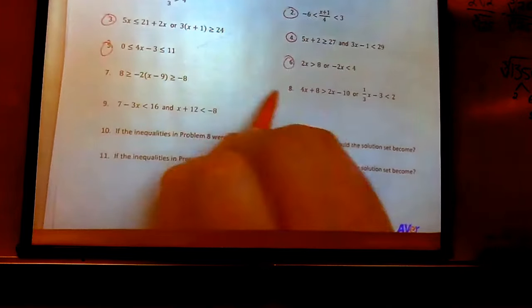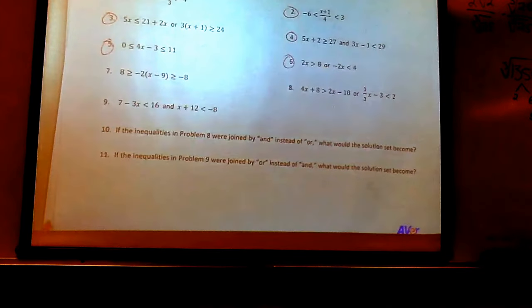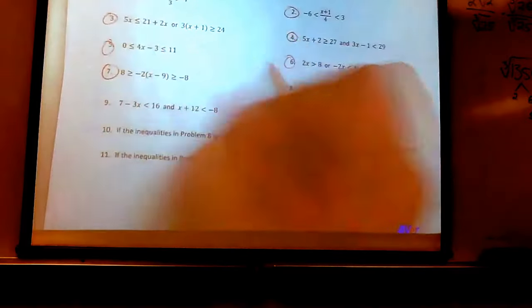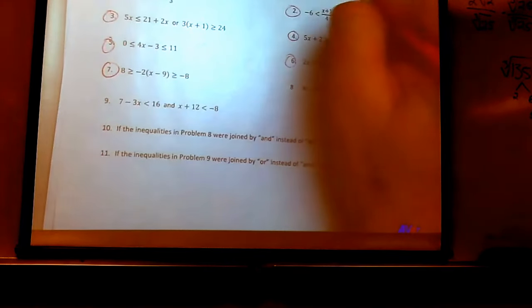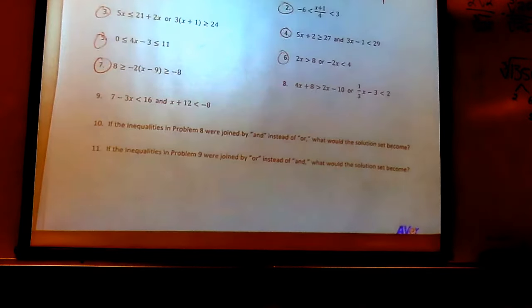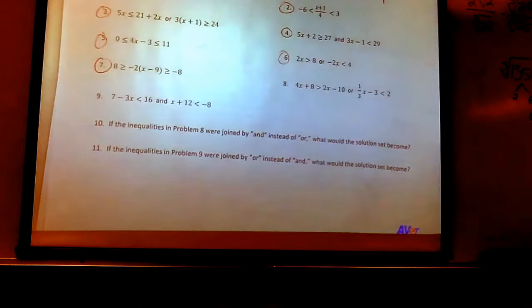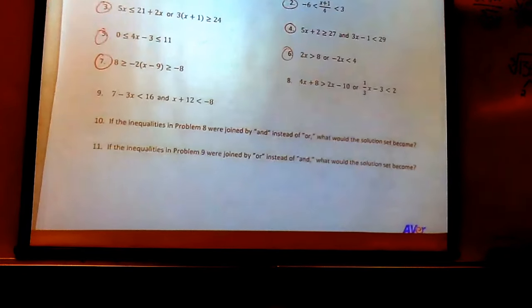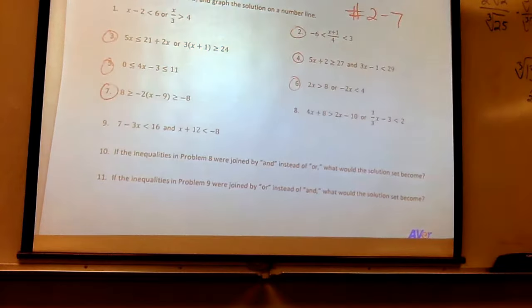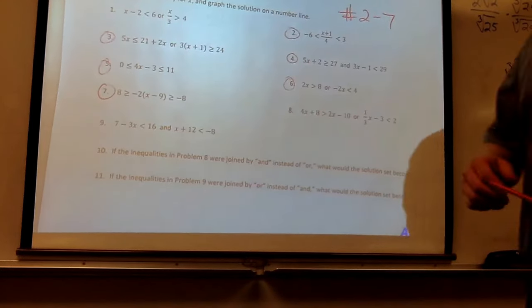If you do 10, you have to do number 8. If you do 11, you have to do number 9. So let's just go to 7. That's it. Lesson 16, problem set 2 through 7.